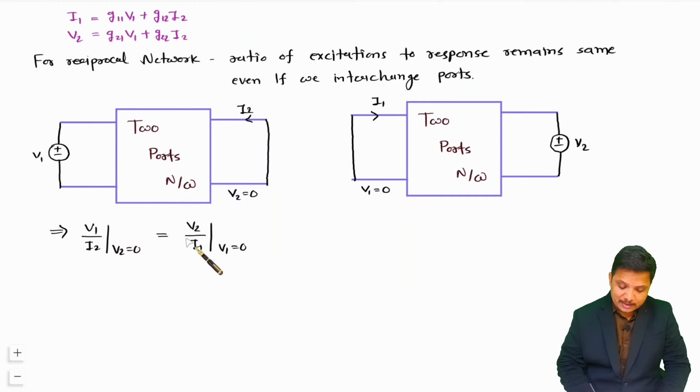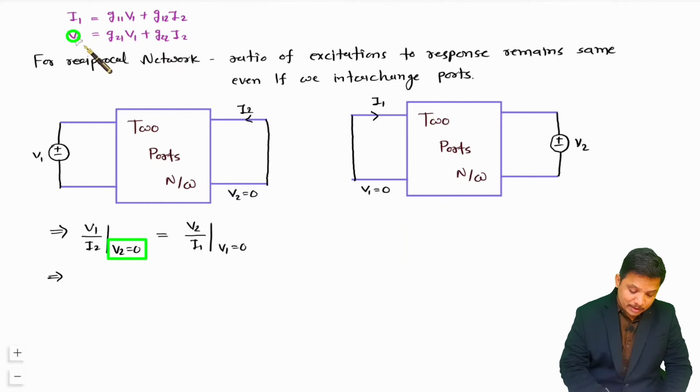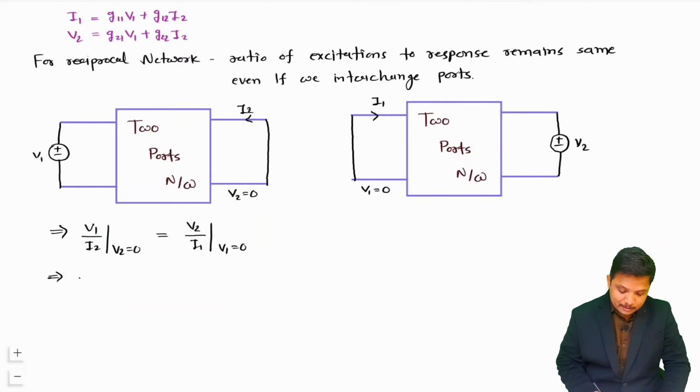That is the basic definition of a reciprocal network. Now I'll apply these conditions to the G parameter equations. You see V1 by I2 when V2 is 0. When V2 is 0, at that time what is V1 by I2? V1 by I2 is minus of G22 by G21.